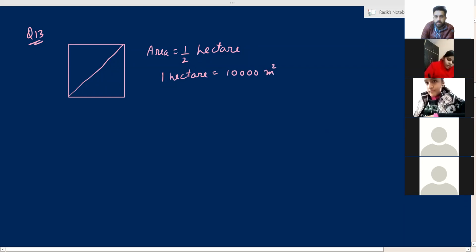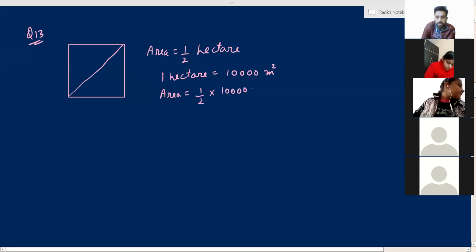So let's convert the area into meters square: half into 10,000 meters square, that means 5,000 meters square.